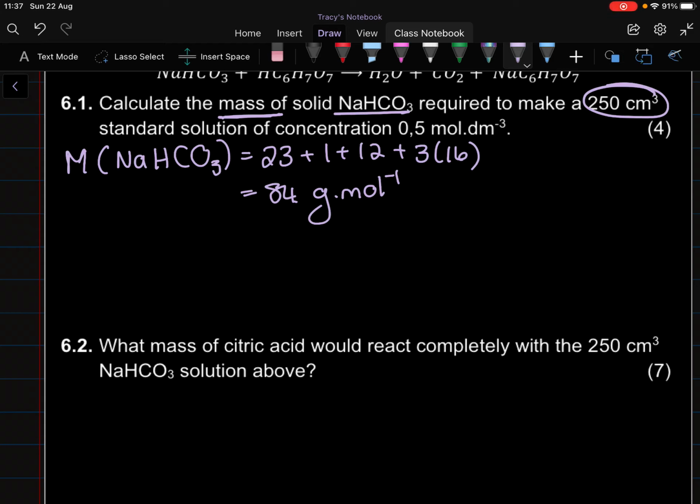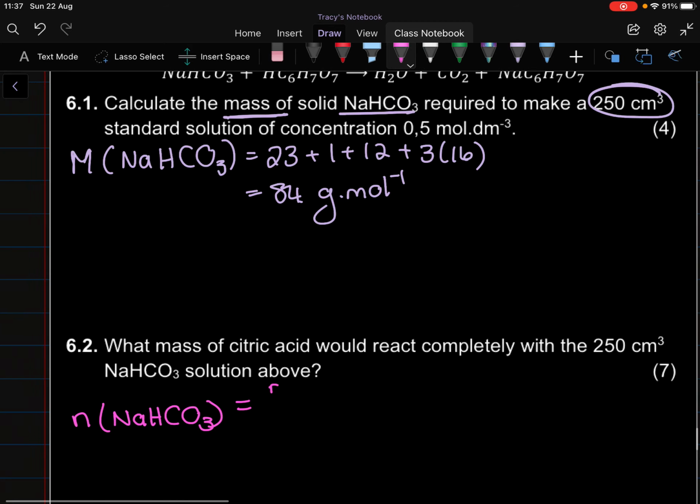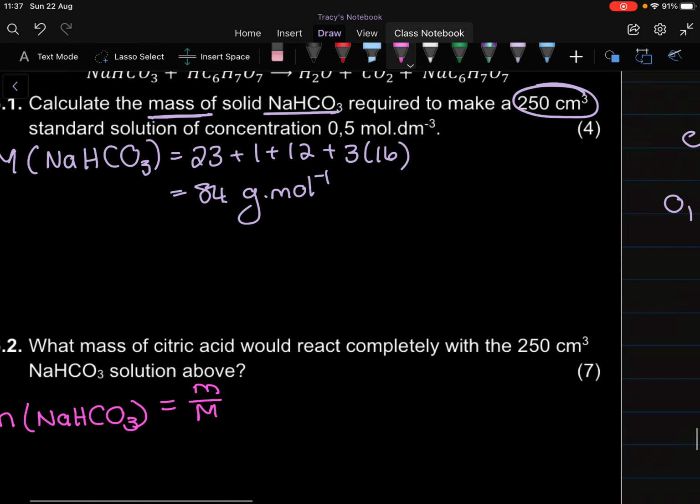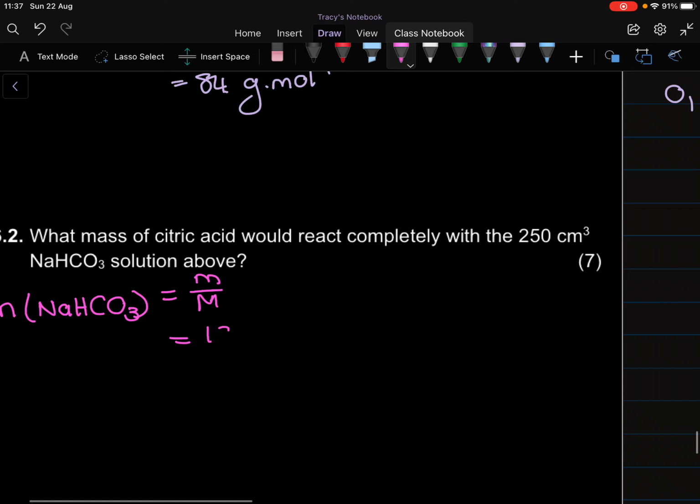So we have to go the long way around, which means we start with working out the number of moles of sodium hydrogen carbonate that I have, which is why we just worked out the mass. So I have 10.5 divided by 84, and that gives me 0.125 moles.